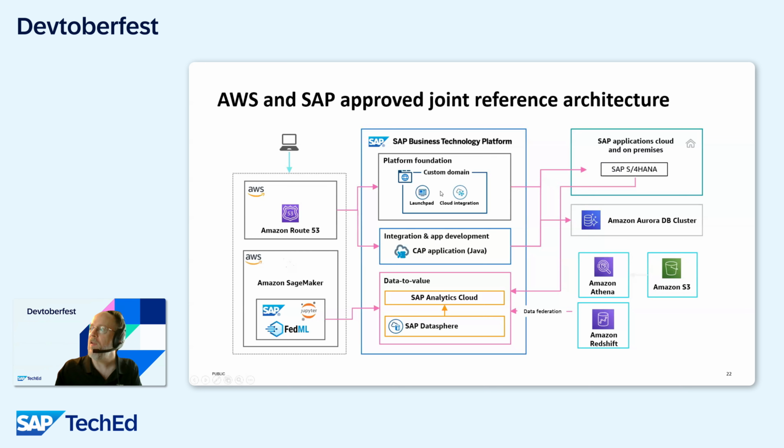And the place to enhance your BTP services is here at the center with the CAP application, Java here. And by the way, we have, of course, a Java SDK for AWS services. But now with BTP ABAP, BTP ABAP can live at the center there too, enhancing using ABAP. And we have an SDK for BTP ABAP, so you can enhance your BTP ABAP with AWS services.